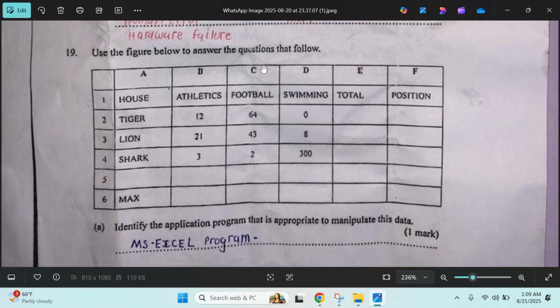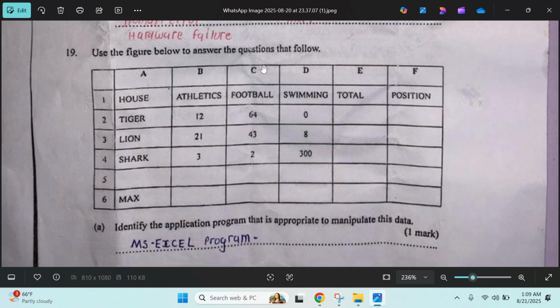Number 19 of this very paper: use the figure below to answer the questions that follow. The figure is in the form of a table, letters on top and numbers on the sides. Identify the application program that is appropriate to manipulate this data.